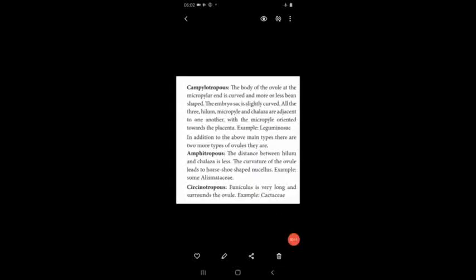Next one is the campylotropous ovule. The body of the ovule at the micropylar end is curved, and is more or less bean shaped, as the shape of the ovule looks like a bean. The embryo which is present inside the ovule is also curved.